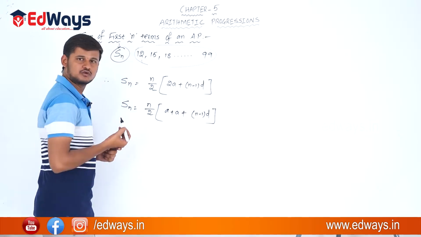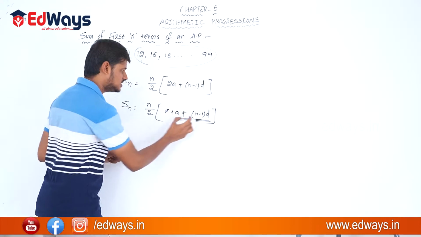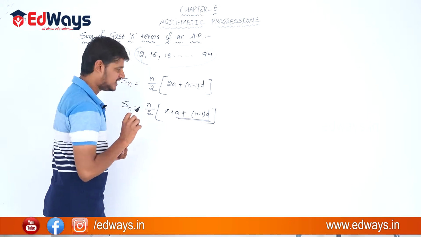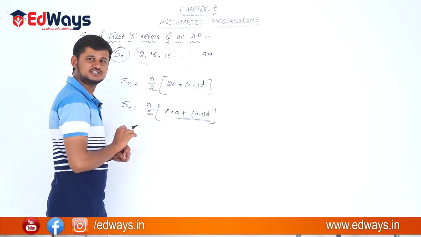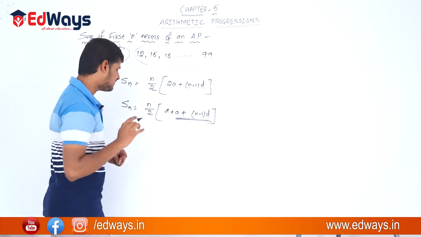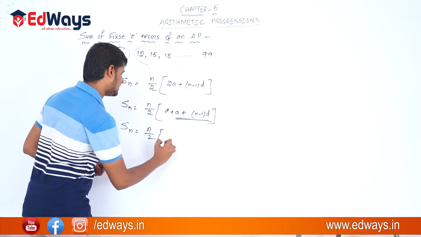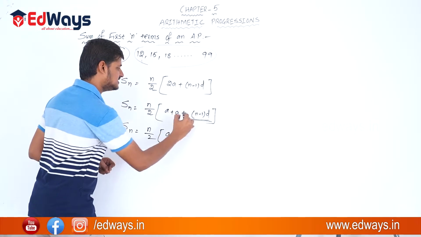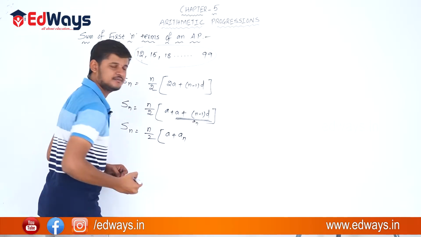So now if you closely observe, have you seen this term somewhere? This one? Yes, where we have solved it in the previous two videos, right? What is this? It's the nth term of an AP. So Sn equals n by 2 of (a plus, and this I can denote as an, because this total thing is an).